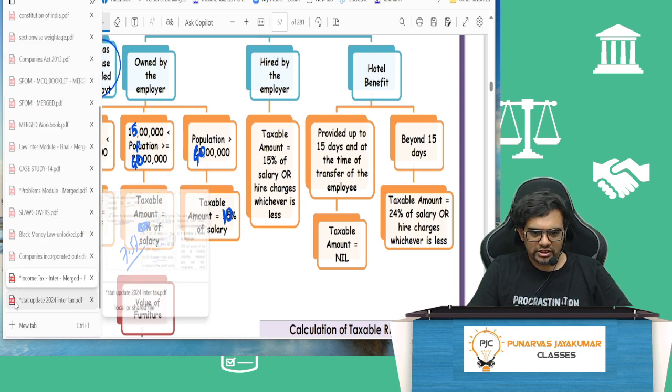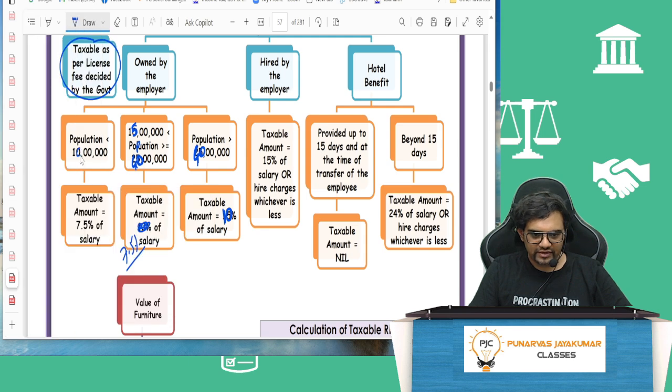And if the population is obviously less than 15 lakhs or any other case, then this will become 5% of salary. That's the change. So now population less than 15 lakhs, 5%. 15 lakh to 40 lakh, 7.5%. More than 40 lakh, 10%. That is the change here, guys. Nothing else.